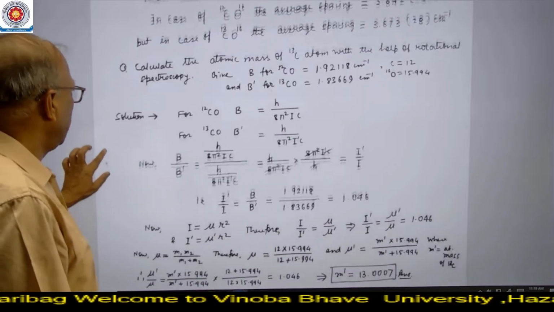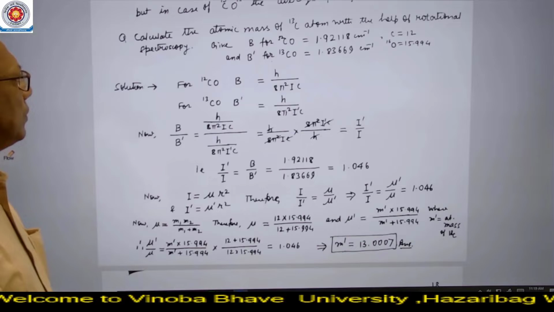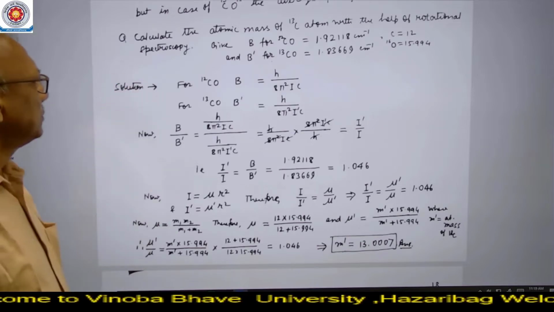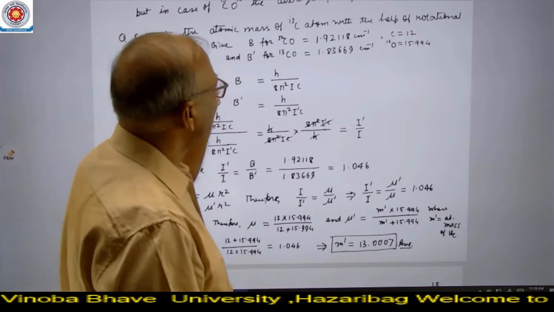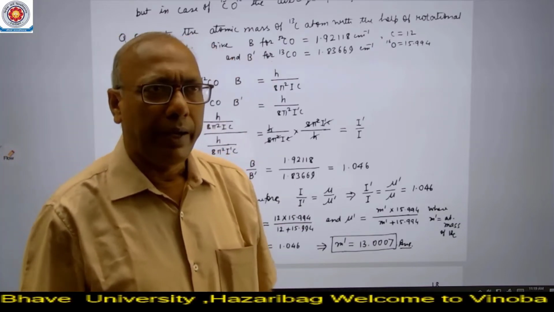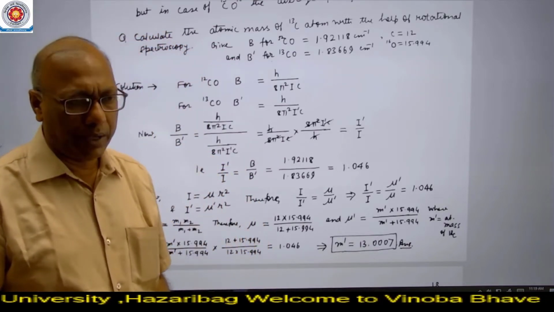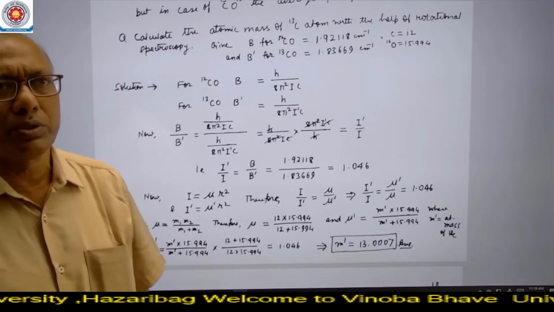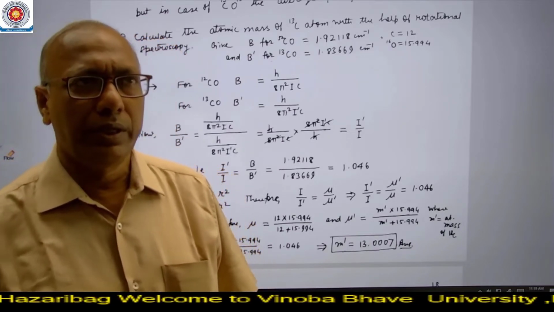Now a very simple question in the form of a numerical is given here. Calculate the atomic mass of C13 atom. Calculate the mass of C13 atom with the help of rotational spectroscopy. We have to use the principles of rotational spectroscopy to calculate the atomic mass of C13 atom.